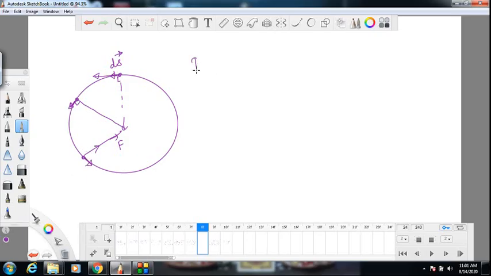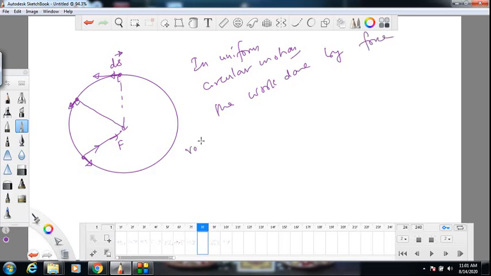So in uniform circular motion, the work done by the force responsible for circular motion is always 0. It means that force is not doing work. Why?